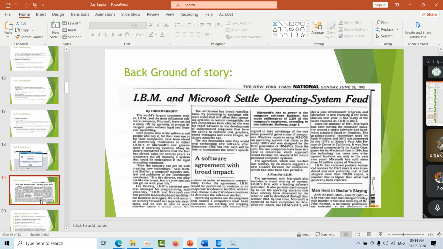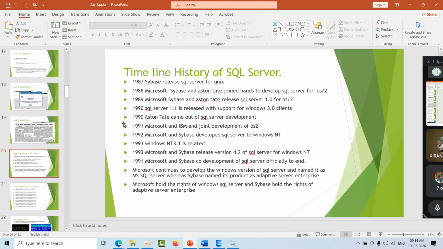I will let you know what exactly an ecosystem is. Once they got separated, Microsoft was working on its own operating system. At the same time, Microsoft wanted to create an ecosystem for it. Why? Because if I am selling only the operating system, the enterprise again has to purchase database software.